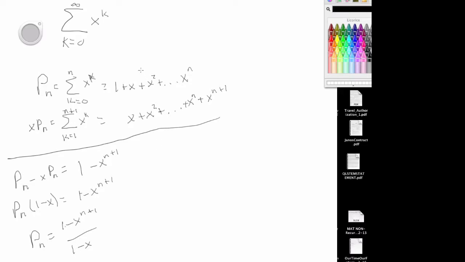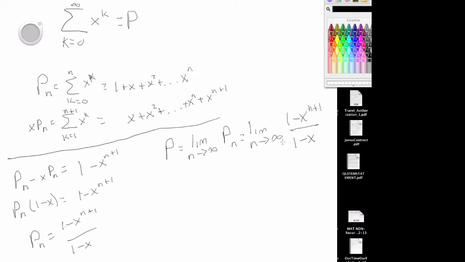Now if I want to find the sum of the series, I'll call it p. And so p is the limit as n goes to infinity of p sub n, which is the limit as n goes to infinity of 1 minus x to the n plus 1 divided by 1 minus x.